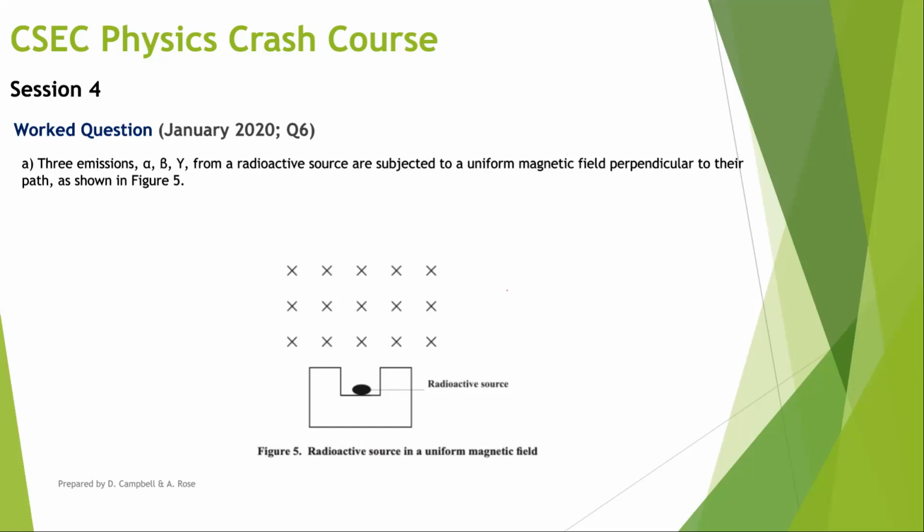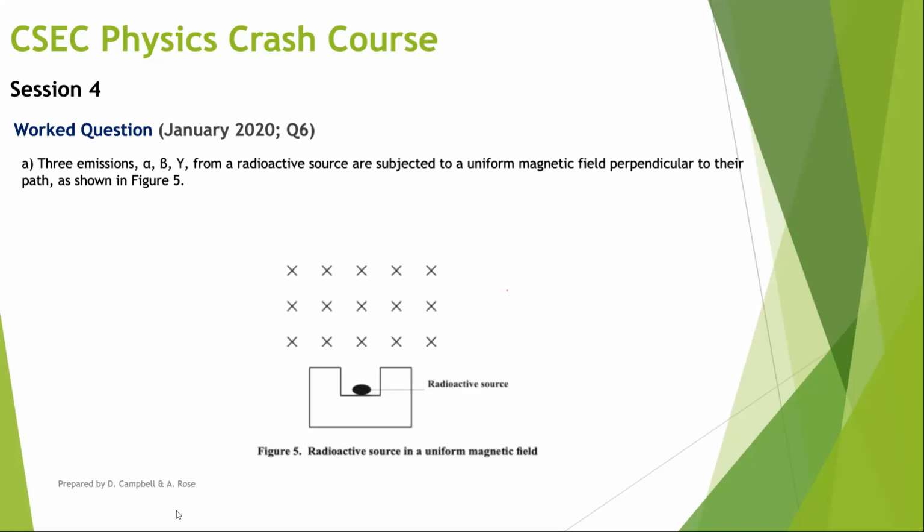So we have the radioactive source, the black oval in the middle there. That's the radioactive source, and it's emitting alpha particles, beta particles, and gamma radiation. And the magnetic field is into the paper or the screen, whichever way you want to look at it.